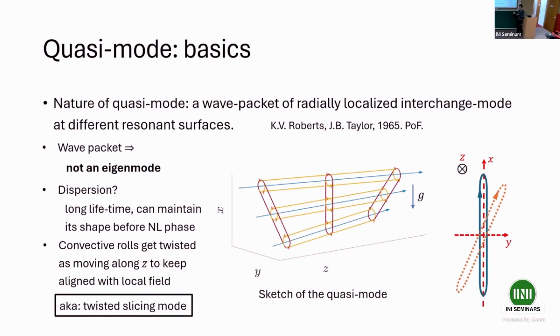Here the magnetic shear is very weak, and the sheared magnetic field is in the Y direction, but the mean magnetic field is uniform in the Z direction. So this strong mean magnetic field in the Z direction makes the system anisotropic.